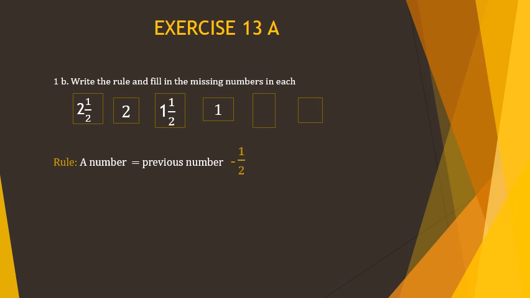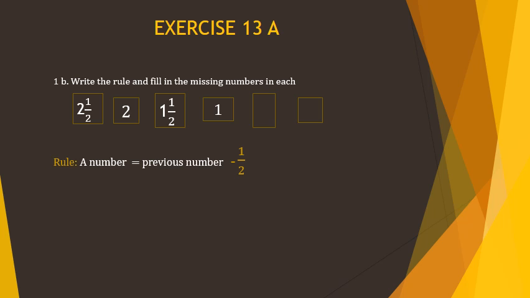For example, when we subtract half from 2.5, which is the previous number, we get the next number 2. In the same way, when we subtract half from the previous number 2, we get the next number 1.5. And when we subtract half from the previous number 1.5, we get the next number 1.